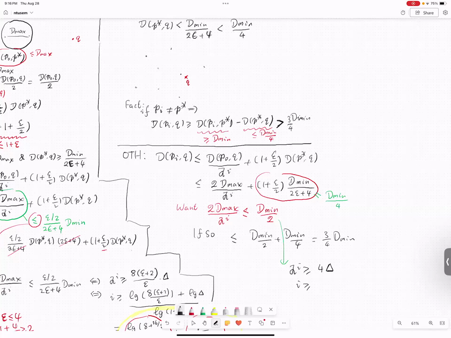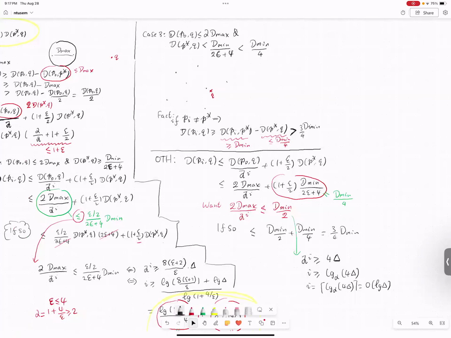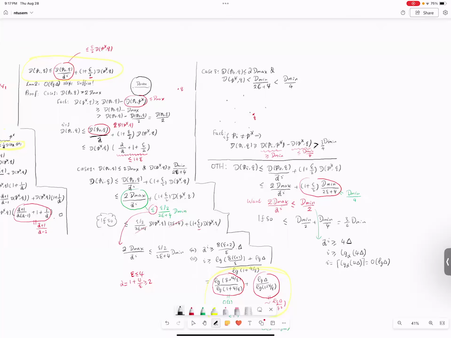So i can be log base alpha of 4 delta. But I told you alpha is at least 2, so it suffices to set i to the ceiling of this, which is just log delta. Good. It's a long proof, and I hope you have enjoyed it.